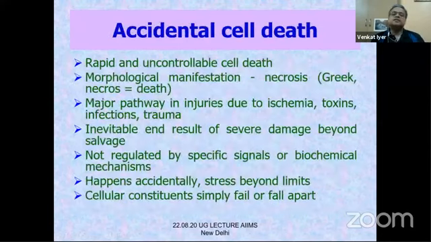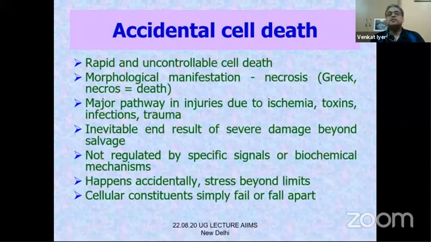Having understood that there is a conserved and complex mechanism of cell injury, now people look at cell death as accidental or programmed or regulated. Accidental cell death is what you studied in cell injury, which is manifested as necrosis. We studied it in detail.